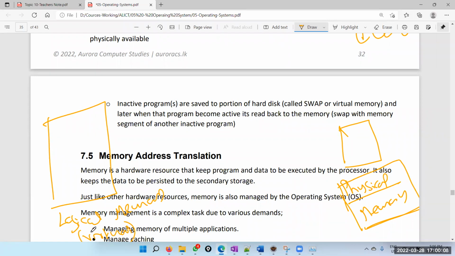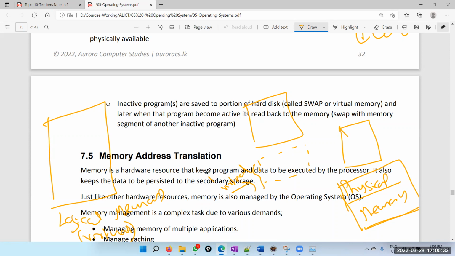The confusion for a lot of students is that we use the word virtual memory for two different meanings. One meaning I already explained: you have the real memory, then we can borrow part from your secondary storage, and we call this virtual memory, because this is not real memory.